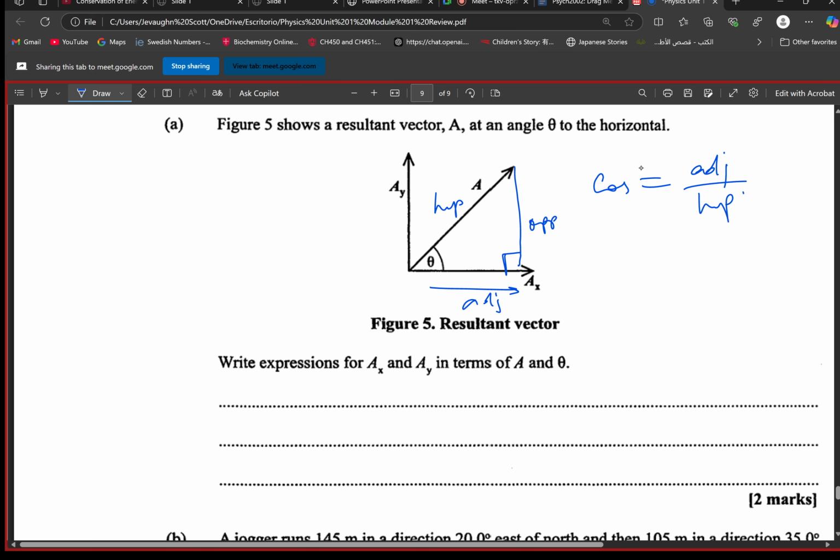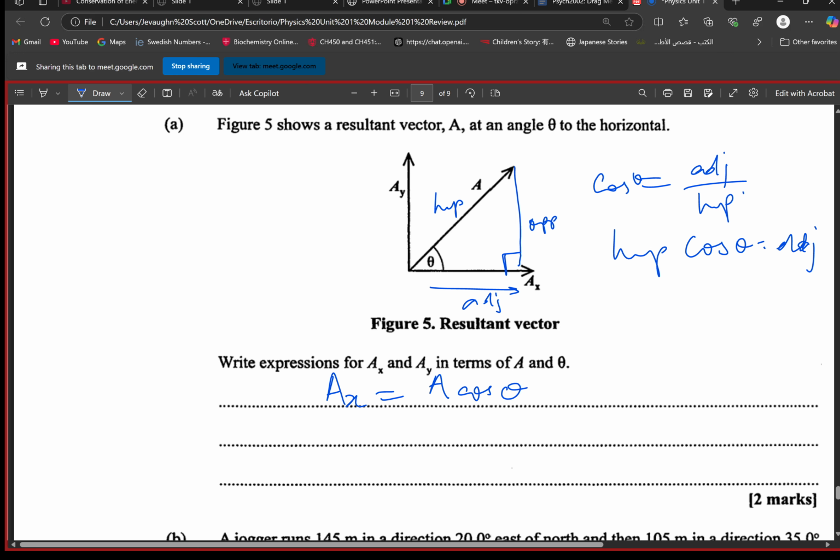Then the hypotenuse times cos theta is equal to the adjacent. Therefore, the x component of the vector A is the hypotenuse A cos theta. So Ax is equal to A cos theta.